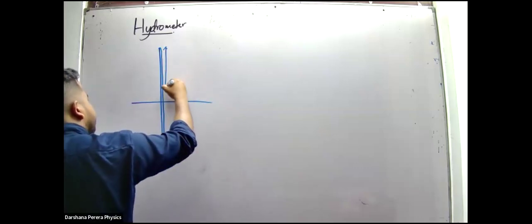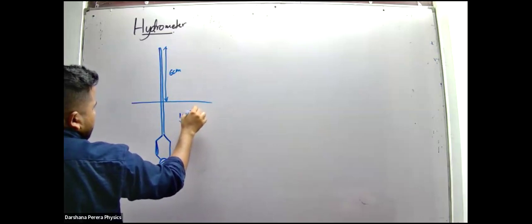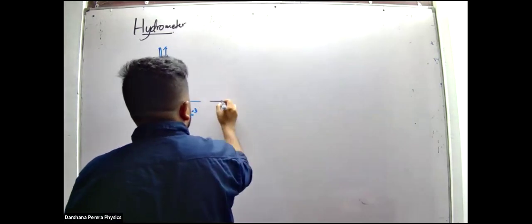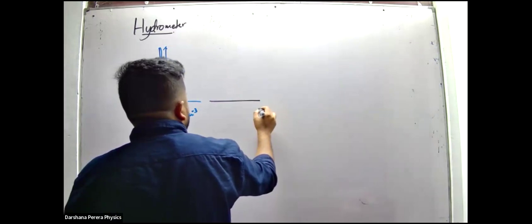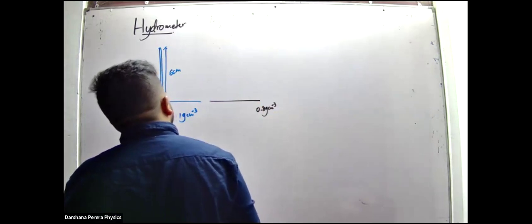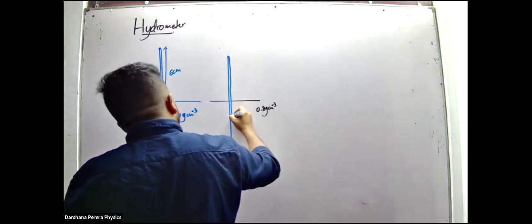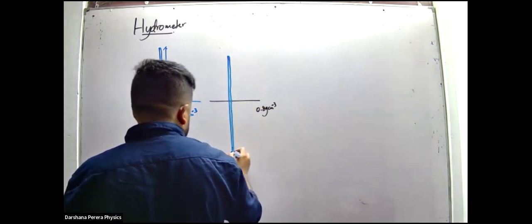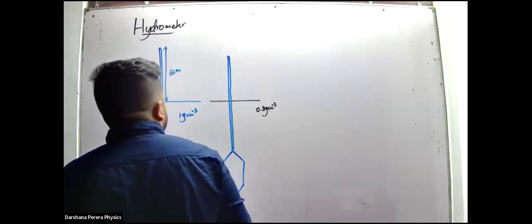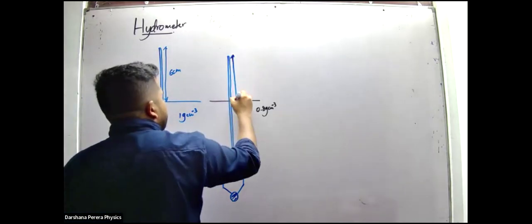In water, it's like this, 6 centimeter. So in the oil, 0.8 g cm^-3, it's like this. Right. So this is 4 centimeter.